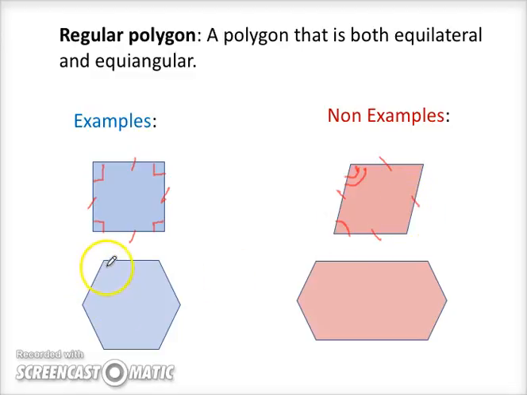Here we have another regular polygon. All of its angles are congruent, and all of its sides are congruent. I guess I should be double marking all of these things so that we don't start thinking this aligns with the other diagram.